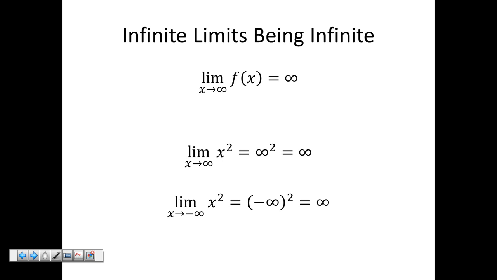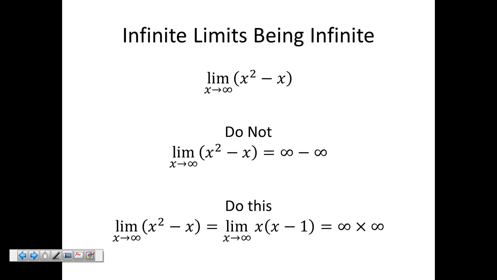If you plug in a negative infinity, though, it still becomes a huge number, but it becomes a positive infinity now. That's kind of cool. Polynomials behave like this. Polynomials do not have horizontal asymptotes. So if a function does not have a horizontal asymptote, this is what it's going to do.